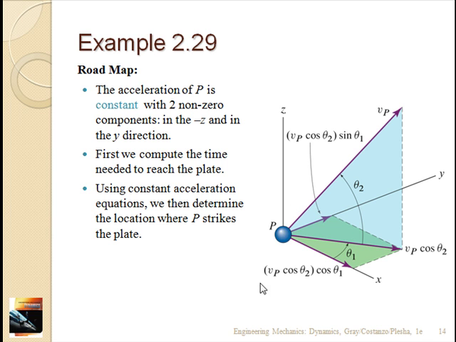The x component is here, VP cosine theta 2 cosine theta 1, right? Because we take this and we take cosine theta 2, that gets us this vector. And that times cosine theta 1 gets us this vector. And VP cosine theta 2 times sine of theta 1 gives us this vector, which is the y component. So the x and y components are given here. The z component is just VP sine of theta 2.